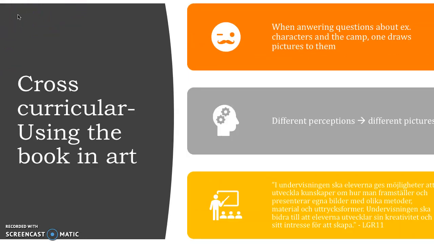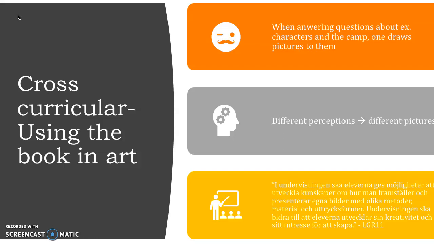One can use the book cross-curricularly while working with art. The questions that the pupils have received for this lesson are about the characters and the camp, for example, and the pupils could therefore also draw pictures related to the questions.